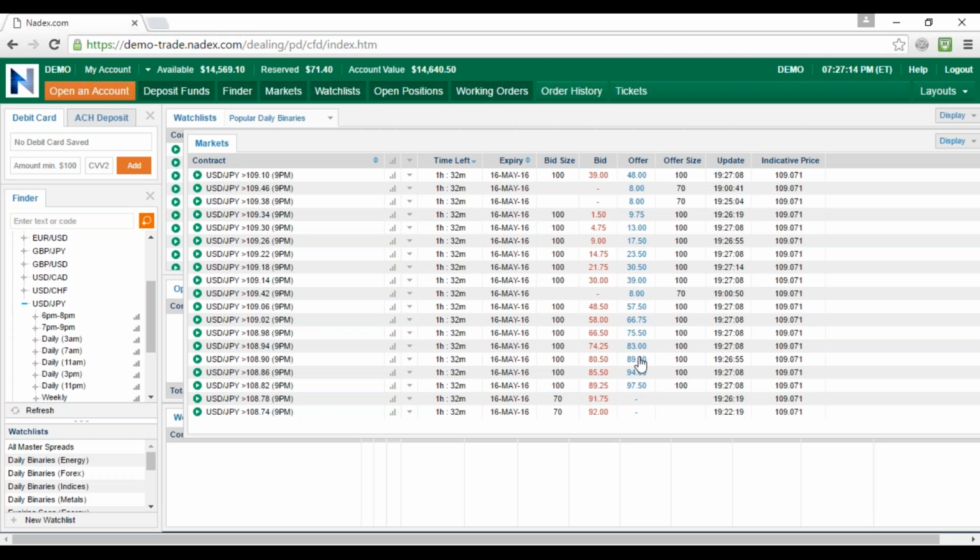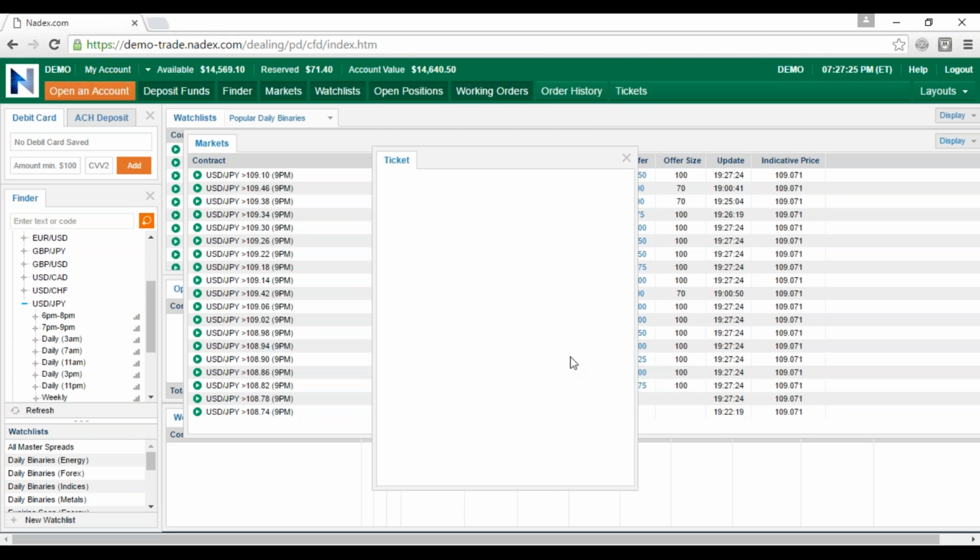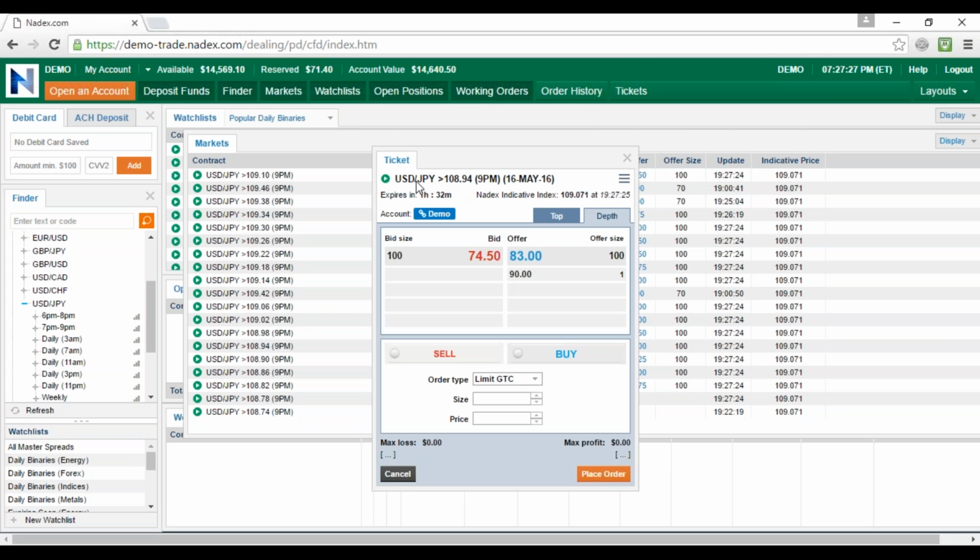Now let's look at these ones that are priced higher. Why is this one priced at $83? It's a lot more expensive than 18, and it's even more than 50. Well, what does the contract state? What is the strike price? 108.94. So if I were to buy this, I'm saying the USD, the dollar yen would be greater than 108.94. What is it at right now? 109.07.